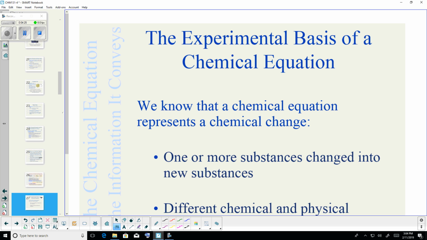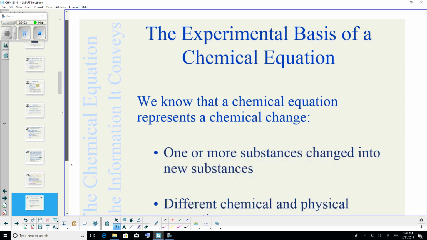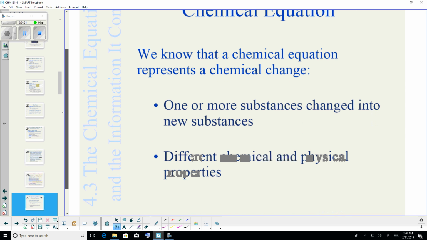So a chemical equation represents a chemical change. One or more substances changed into new substances, ending up with different chemical and physical properties. Obviously, if we go back to our example, flour and sugar have their own properties, and certainly a cake has its own properties. Most of us don't sit down and eat a bowl of sugar or a bowl of flour.